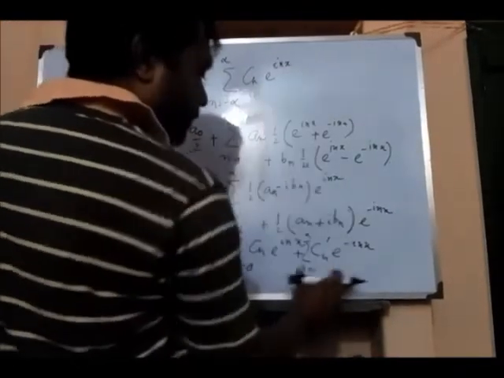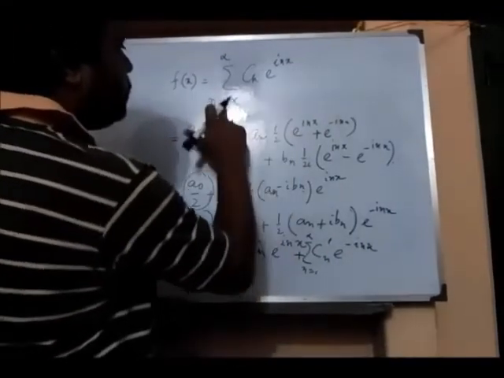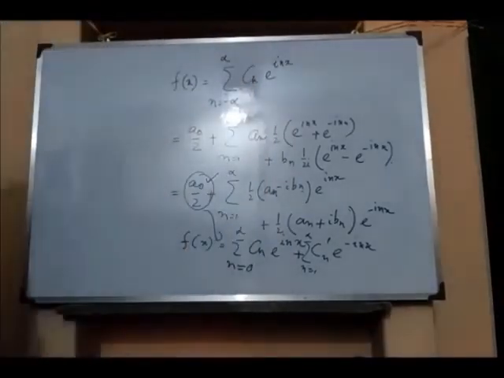Minus infinity means this term and plus infinity means this term, with n equal to 0 in between for this constant. Right?